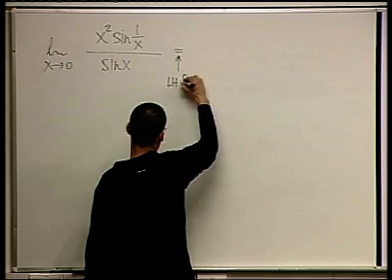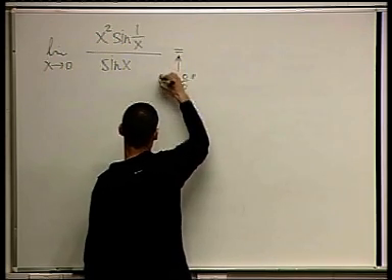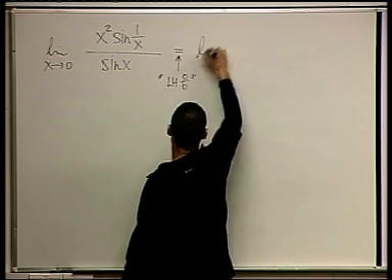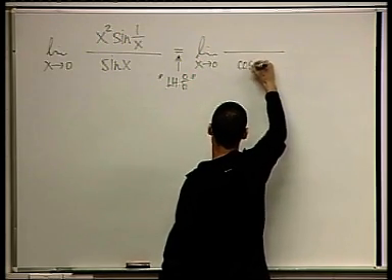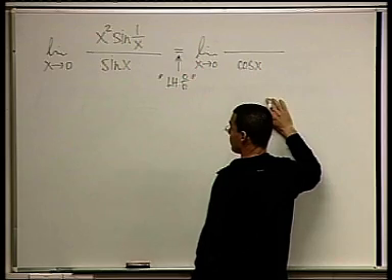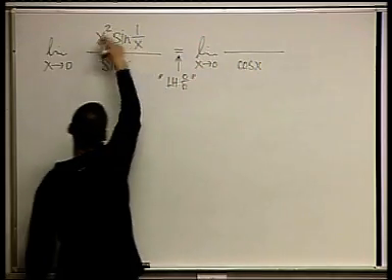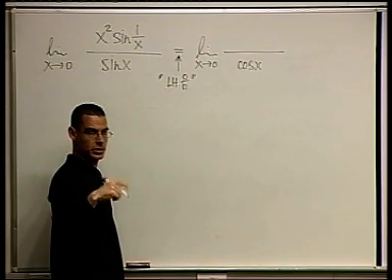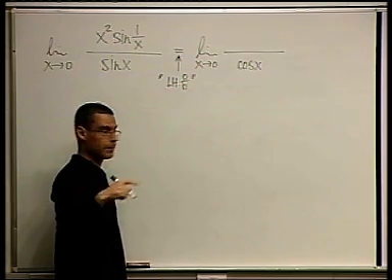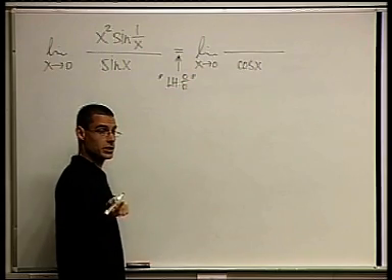Let's do L'Hôpital. So limit x goes to 0. Bottom, the derivative is cosine. What about the top? In fact, this is similar to the function I gave you in the previous hour to try showing that its derivative is not continuous.